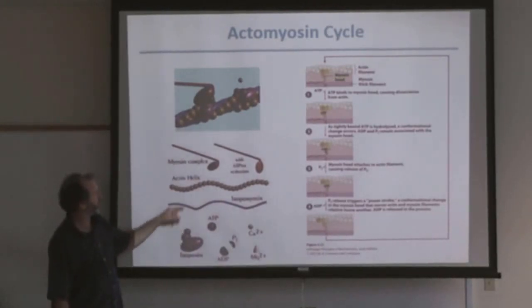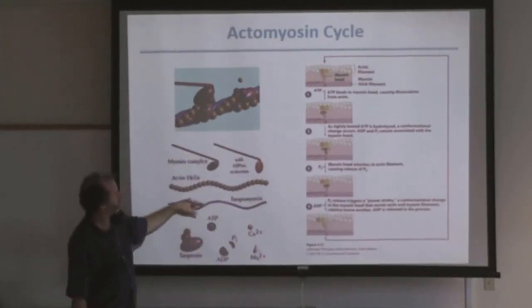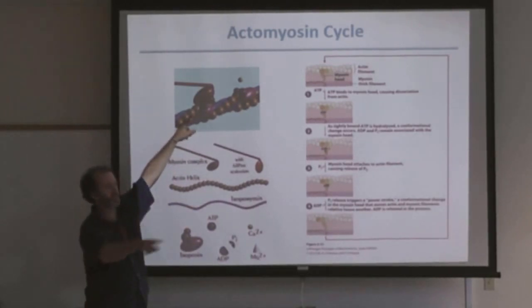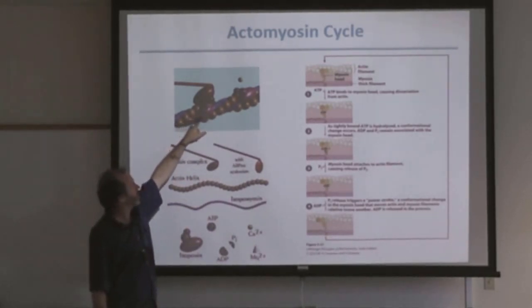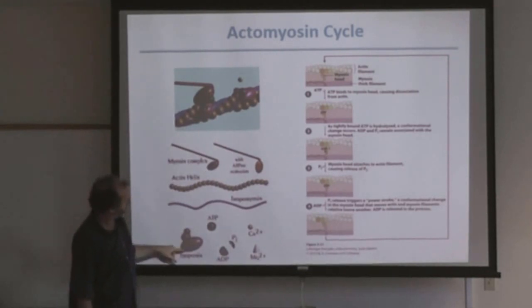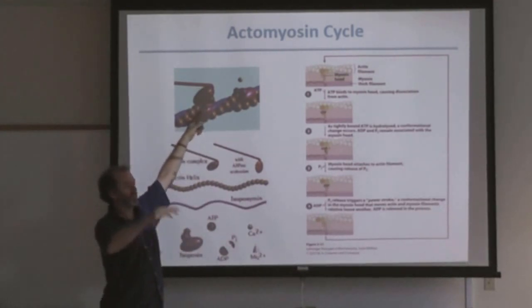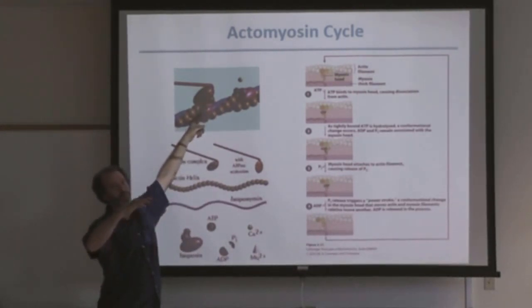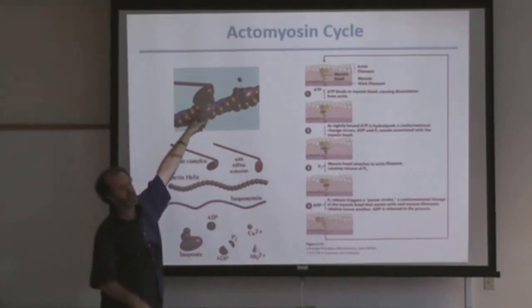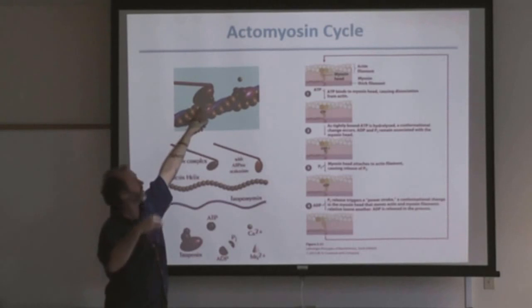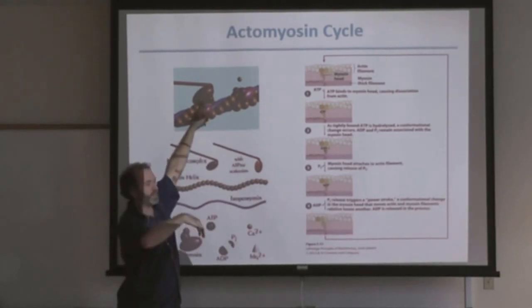Tropomyosin just holds the troponin to the actin, decorating the actin chain. Calcium will bind to the troponin, causing a conformational change, and it shifts up, exposing the myosin binding sites on the actin for the myosin head to bind to.